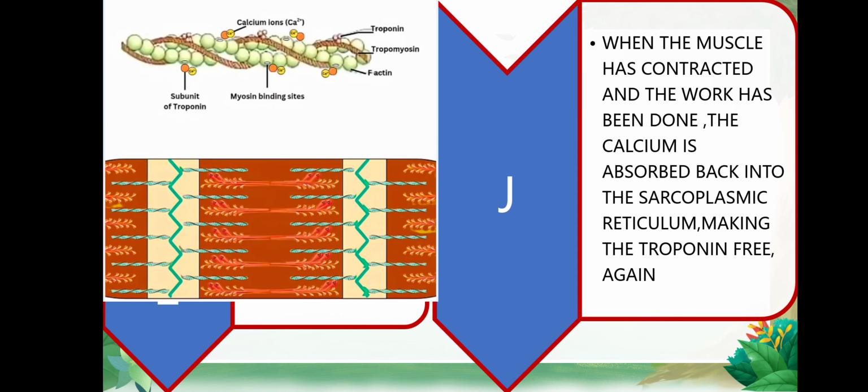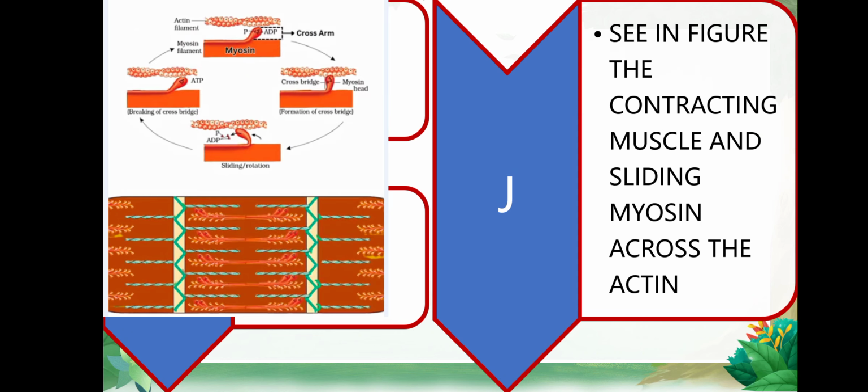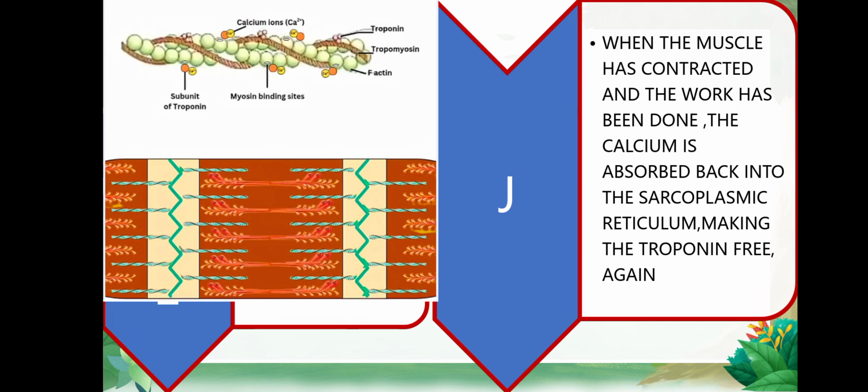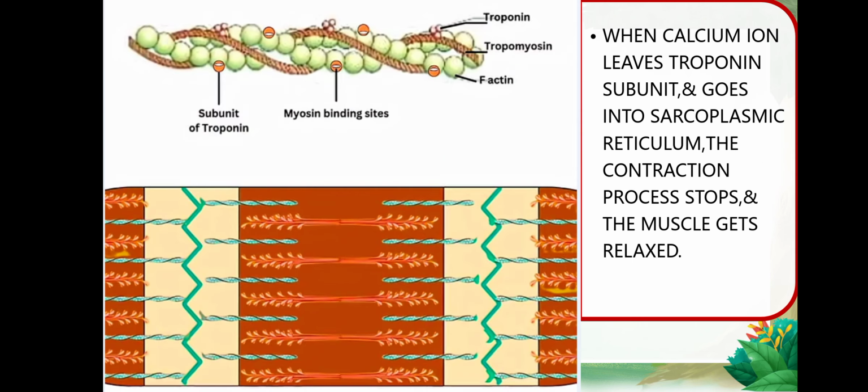When the muscle has fully contracted, the myosin gets relaxed, and as the muscle relaxes, the calcium is absorbed back into the sarcoplasmic reticulum. This makes the troponin free, and the troponin binds onto the actin filament, and the myosin cannot bind to the actin filament, so the muscle no longer contracts.